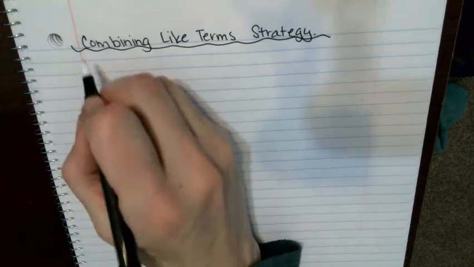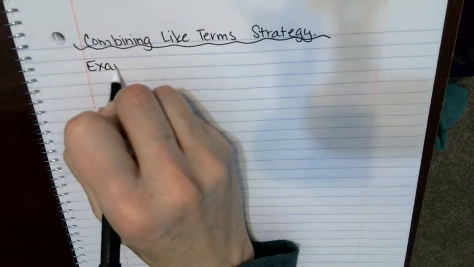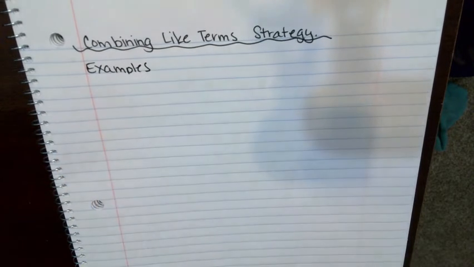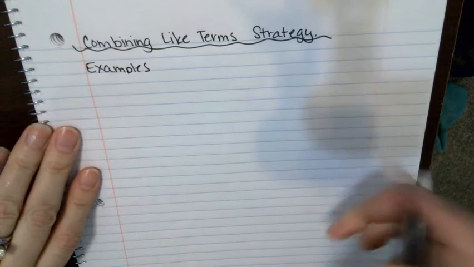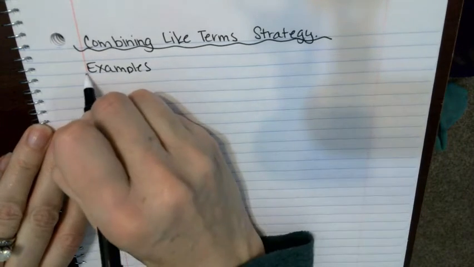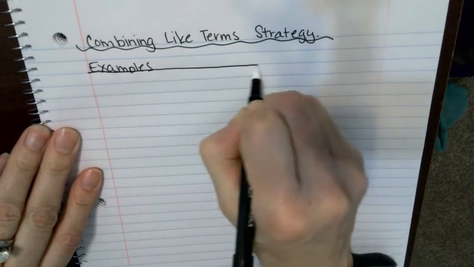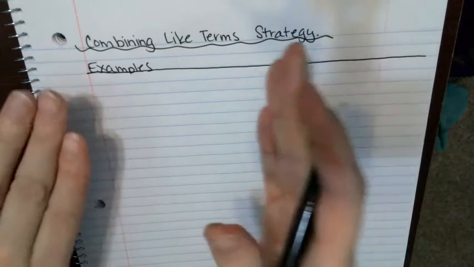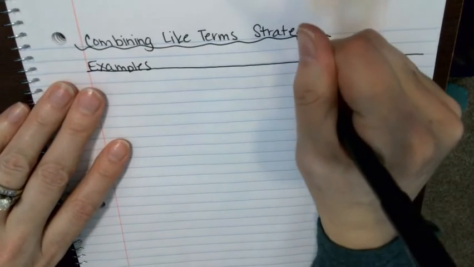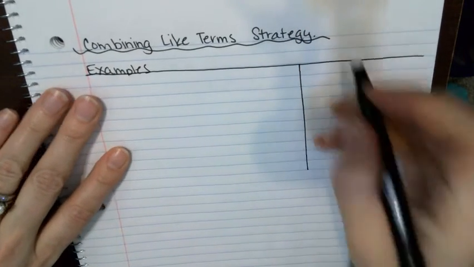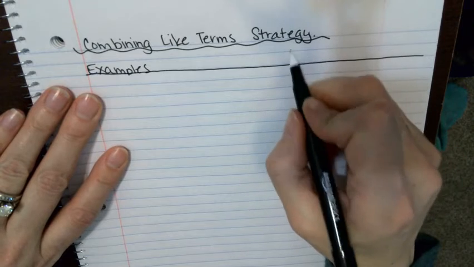So here we're going to put over here examples. And then I'm going to tell you that we're going to need less space over here. So I'm going to create a table like this. But notice I'm going to make this much bigger. Okay, and these are going to be our steps.